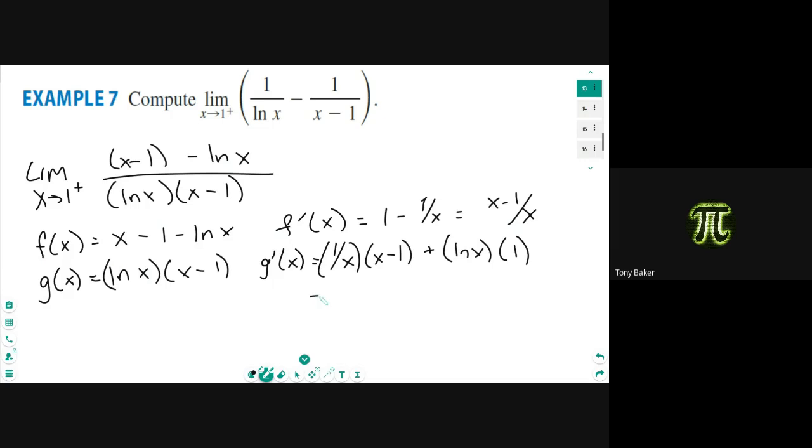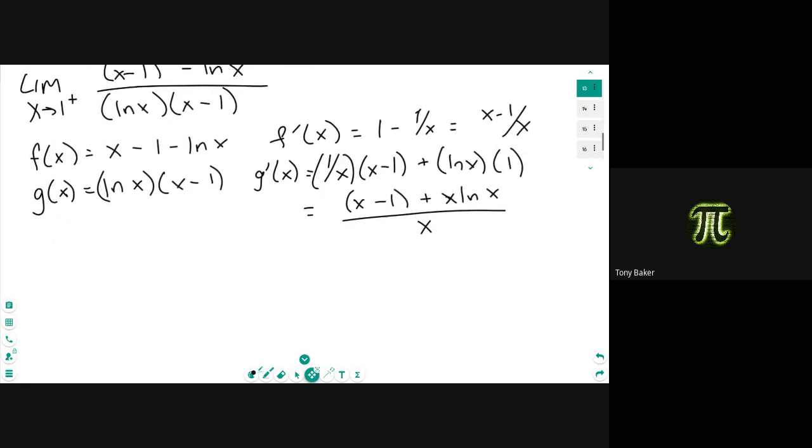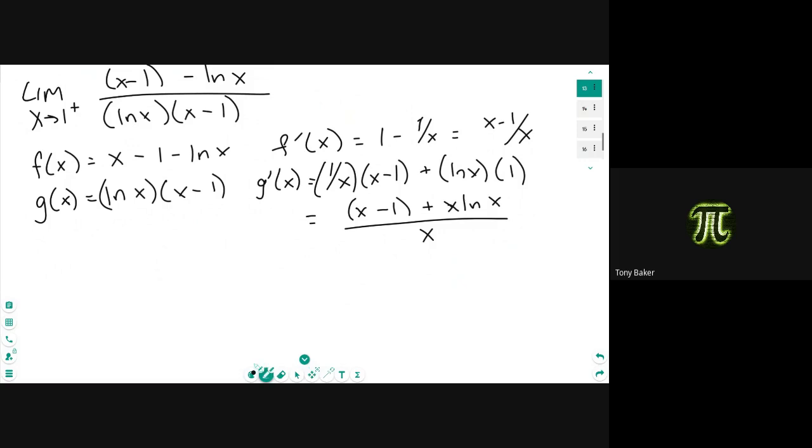Again, let's clean this up a little bit. So I've got x minus 1 plus x ln of x, all over x. I'm actually going to show it to you both ways, with that not cleaned up or with it cleaned up.